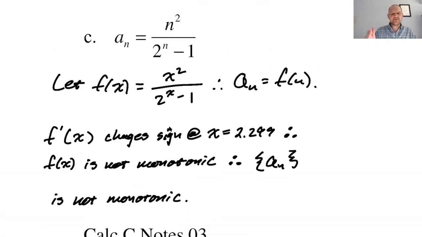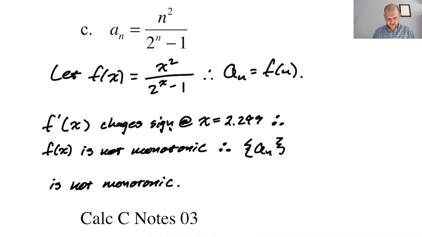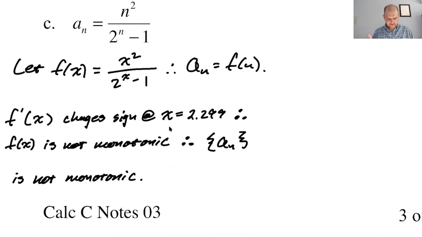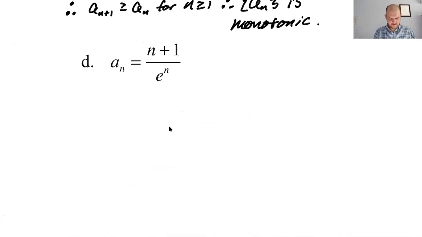So it's very dependent on where you start. Sometimes you can make that choice, sometimes you can't. But if you start at 1, not monotonic. So not monotonic, and you're done.